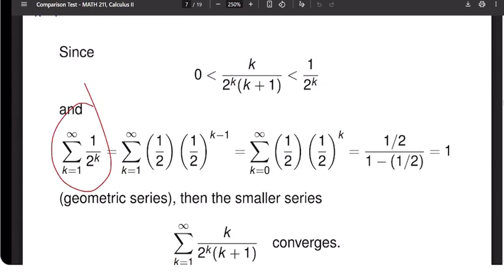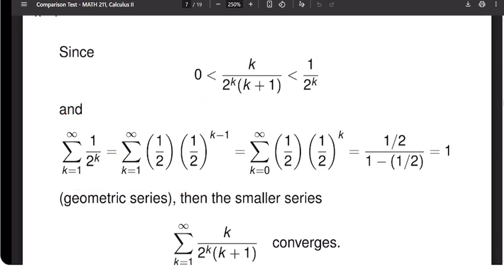Okay. Now, if you take a look at what I have here, 1 over 2 raised to power k. If I want to rewrite it, I can rewrite this as this. You're going to ask me how. Now, take a look at this.